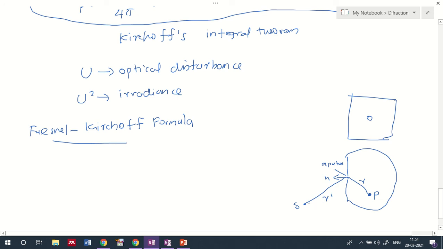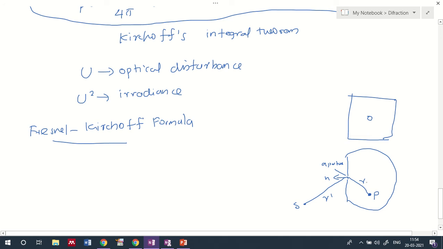So from a source S, the light travels through an aperture and produces a diffraction pattern at P at distance r from the aperture. This is the image we need. This is the entire area, and in it there is a small portion where, at P, we have to find the corresponding wave function.